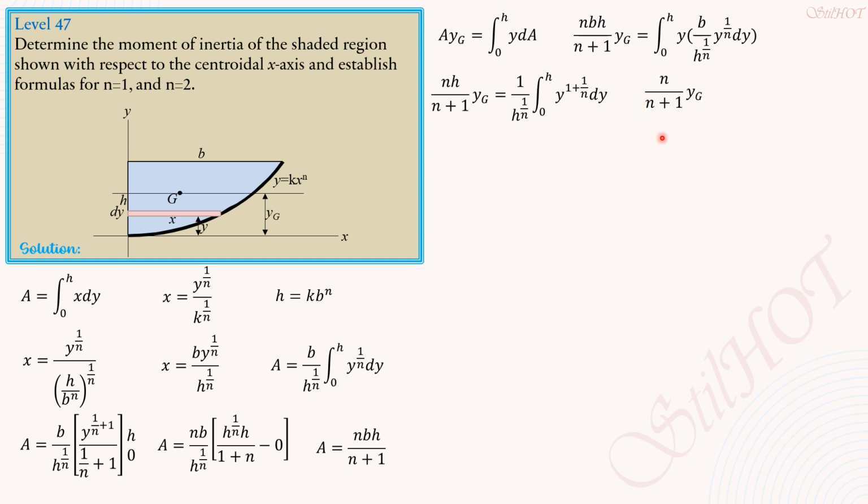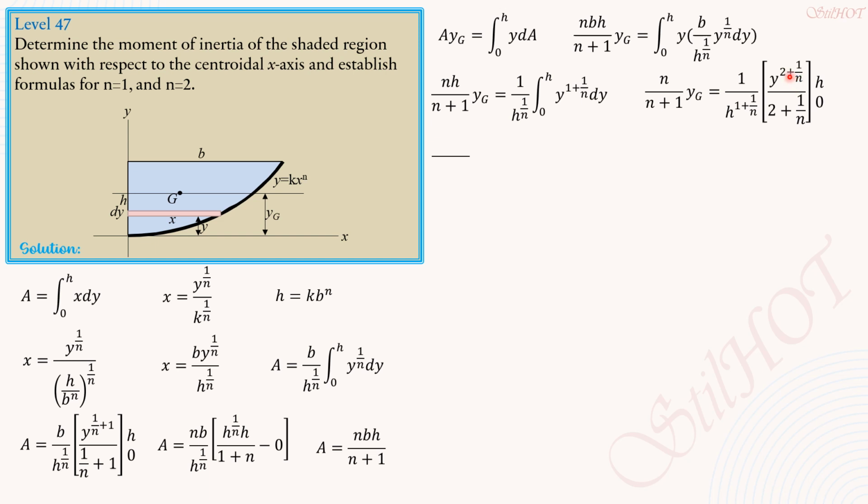So n over n plus 1, yg equals 1 over, so let's combine h and h to the 1 over n. It becomes h to the 1 plus 1 over n here. Then the integral of y to the 1 plus 1 over n is y to the 2 plus 1 over n over 2 plus 1 over n, from 0 to h. So this is again h to the 1 plus 1 over n times h.